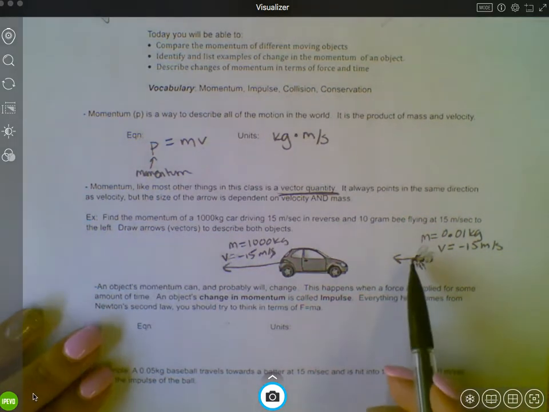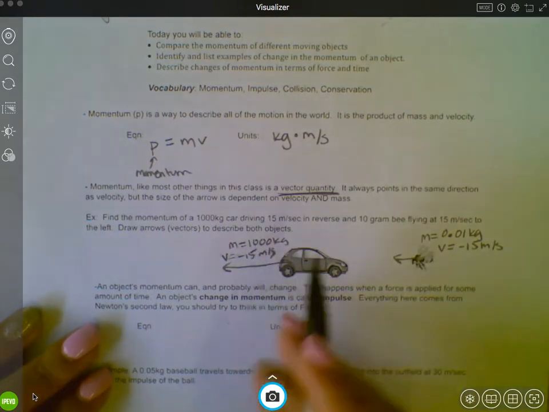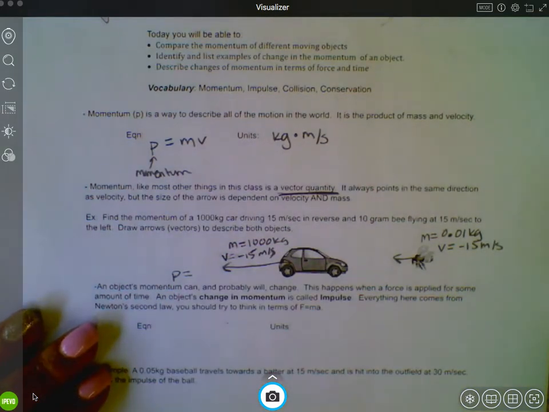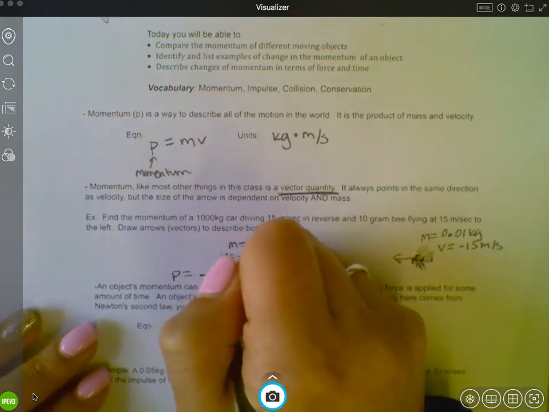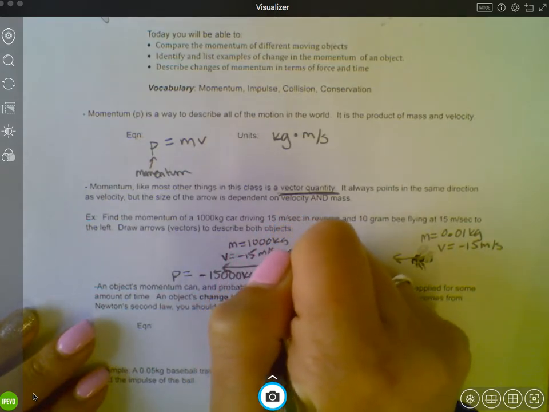I drew the momentum smaller for the bee because its mass is so much smaller. To find the momentum of the car, P equals mv. I'm just going to do 1,000 times negative 15, which gives us negative 15,000 kilogram meters per second.